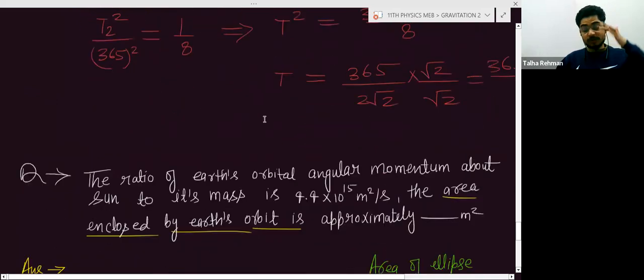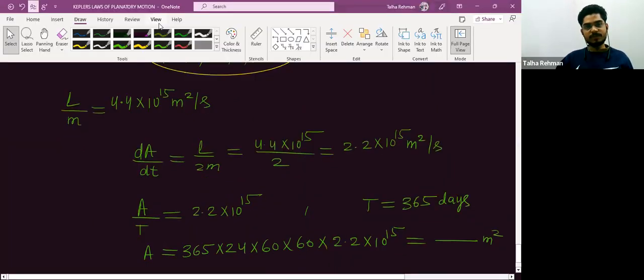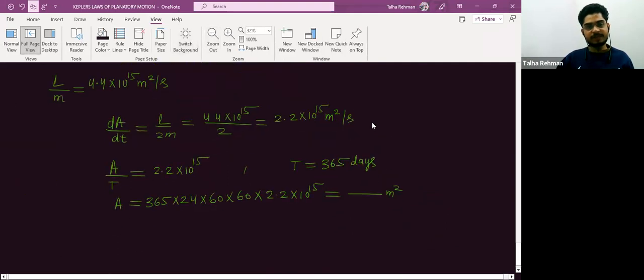Okay, so in this way also we can solve the question. So here what we have applied, the aerial velocity dA by dt is equal to the angular momentum of the planet about the Sun divided by mass of the planet. Okay, so please note down this, and this chapter is finished now.